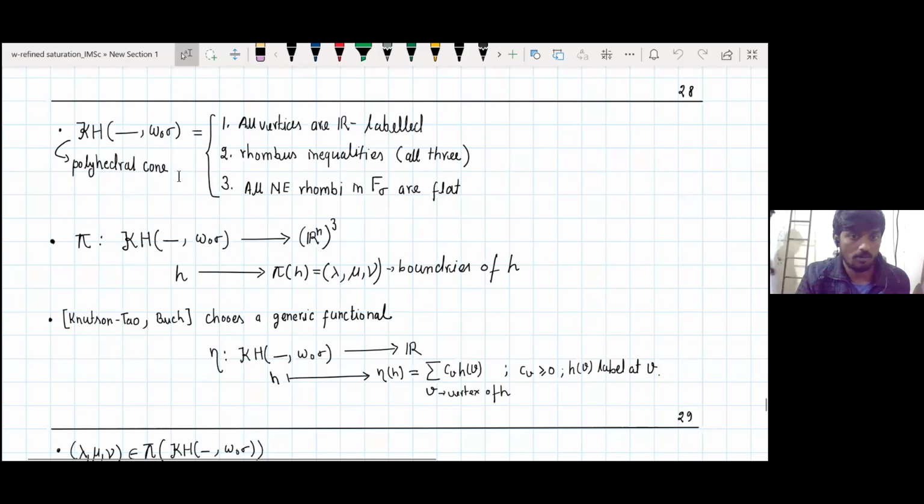So this will be a polyhedral cone. And take one projection from this cone to R^3n.